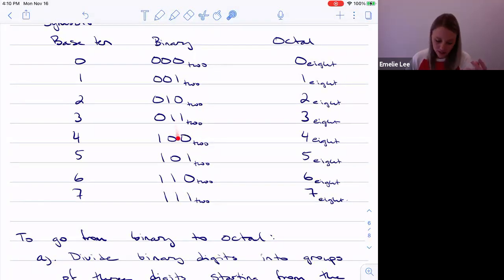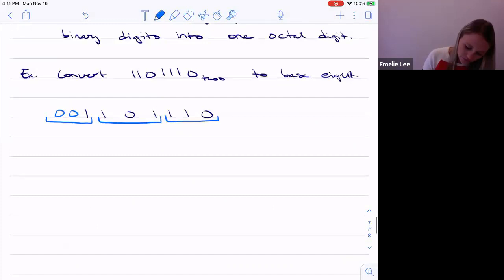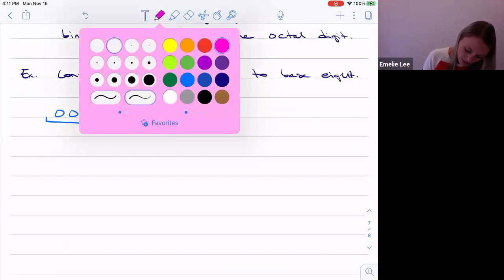I encourage you to try doing it. I think you'll find that it's not bad at all. So then now all I need to do is find my 3 numbers in here and match them to the octal.